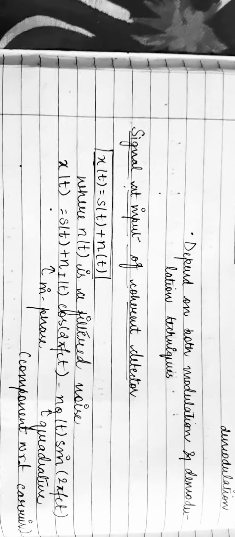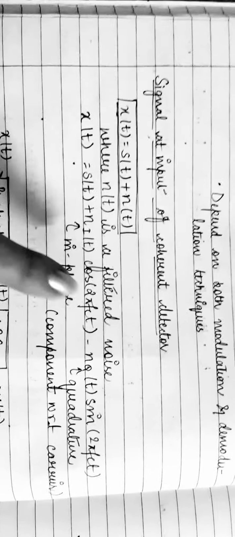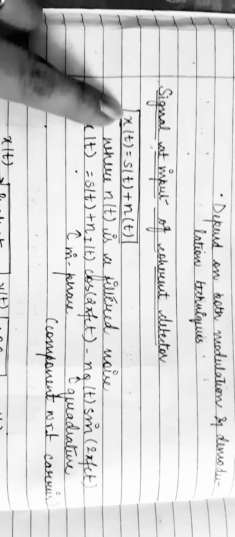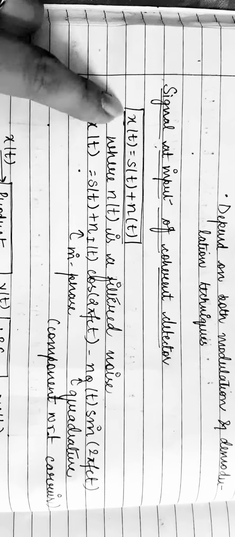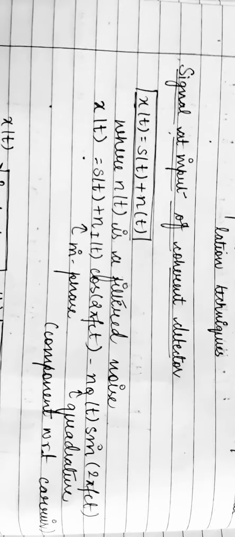So it depends on both modulation and demodulation techniques. Now coming to the signal at the input of the coherent detector, we know that the input x(t) is equal to s(t) plus n(t), where n(t) is the filtered noise.